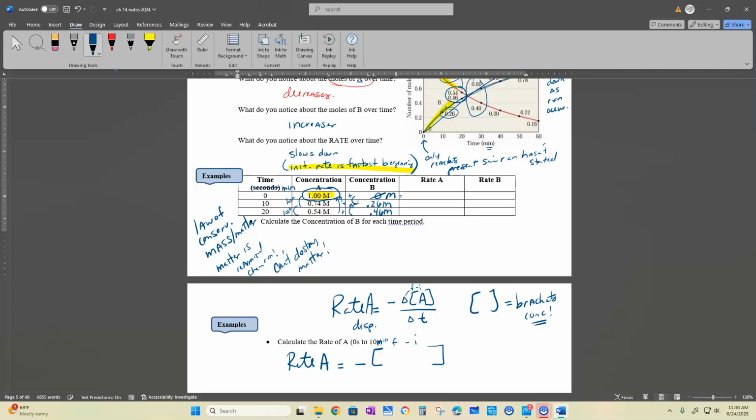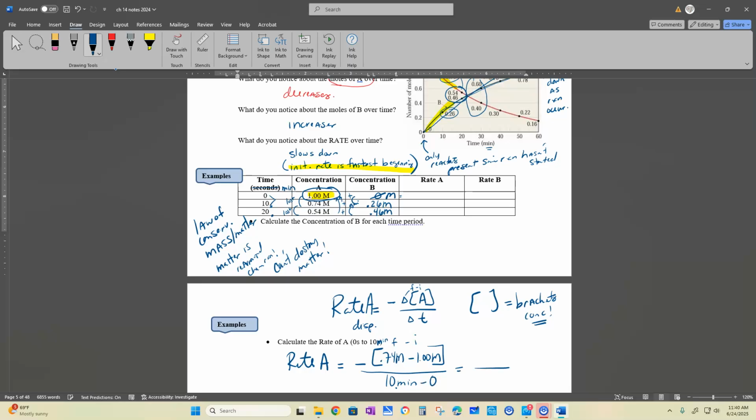Okay, I got to take final minus initial. So final was at 74. Remember, I'm going from 0 to 10, so 0.74 molarity minus 1.0 molarity. Over time, same thing. Final was 10, 0. And I'm going to put a decimal because we don't like 1 sig fig. So I'm going to put decimals on those two. Minus 0.